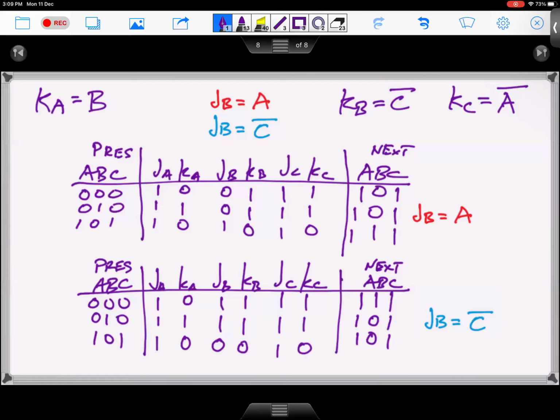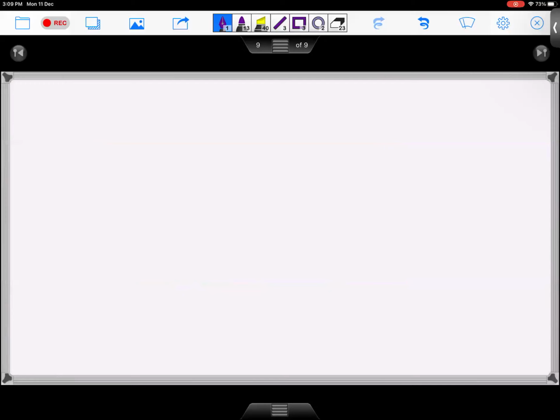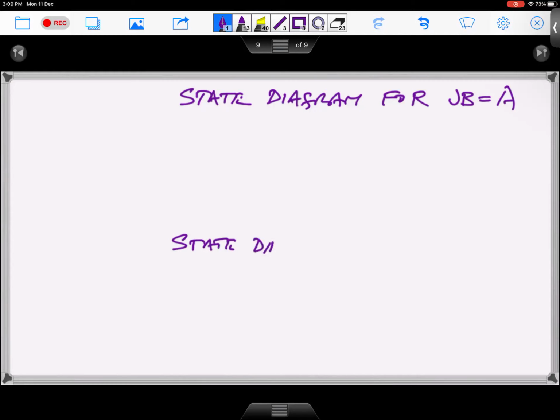That's it. So let's go now to the next page. And let's say state diagram for JB equals A. State diagram for JB equals C bar.